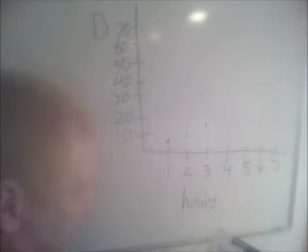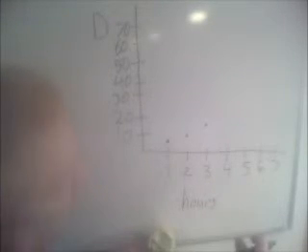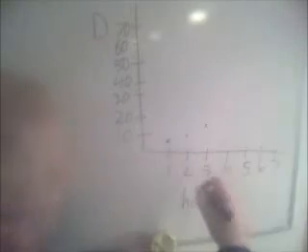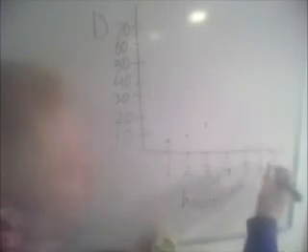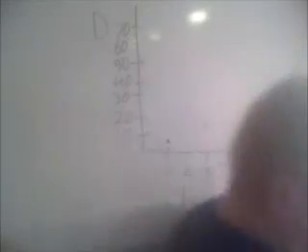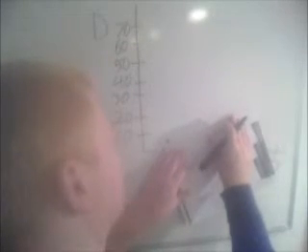Use the graph to find the distance each person travels in 6.5 hours. Now, this might not look absolutely perfect because I'm having to draw this freehand. But what we're going to do is just continue this graph. Unfortunately, I don't have a yardstick or something nice and big to continue it with, so I'm just going to have to approximate it.